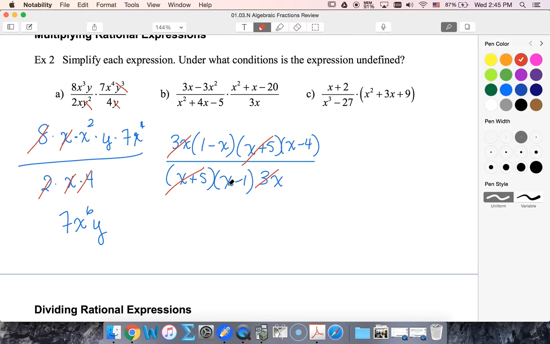These are very close to each other. Notice in this first term, if I factor out a negative 1, then I would have negative 1 plus x. So if I multiply this out, I'd get the same thing. But negative 1 plus x, divided by x minus 1.